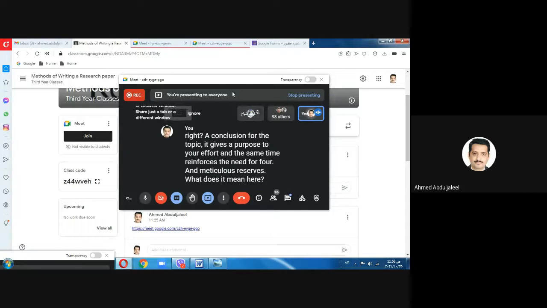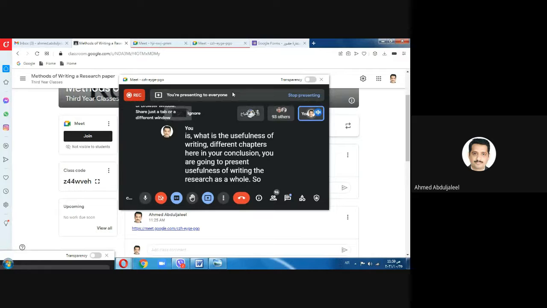It means that when you are going to write a research, of course, you are going to have different chapters, different sections, and then after this, we are going to ask ourselves, what is it for? What is the usefulness of writing different chapters? Here in your conclusion, you are going to present the usefulness of writing the research as a whole.